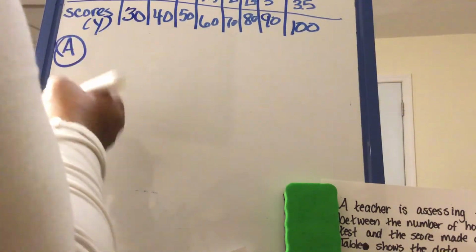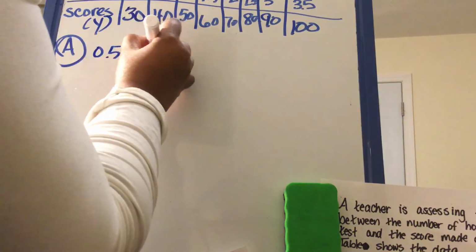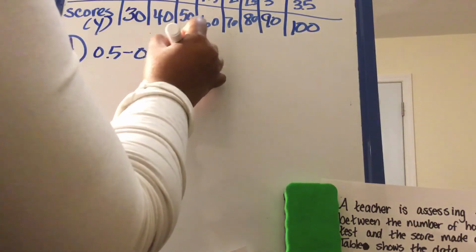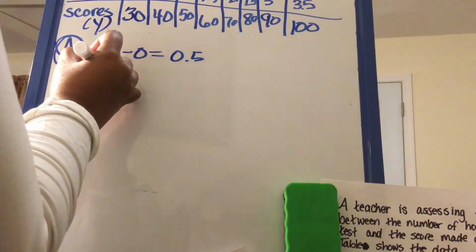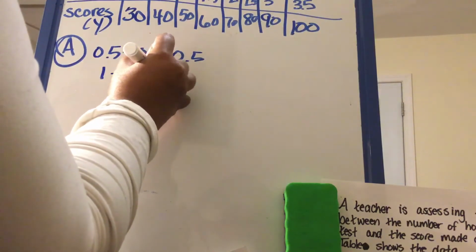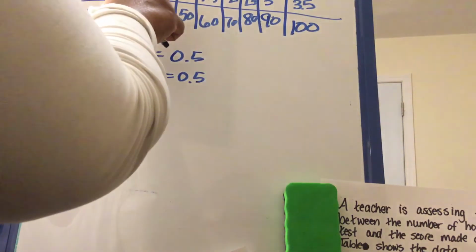So I do 0.5 minus 0, and that is 0.5. Then I do 1 minus 0.5, and that's 0.5. So this is what I'm doing. I'm subtracting these two, or finding the difference between each set of terms.